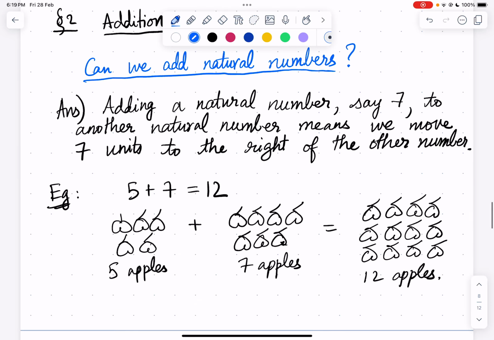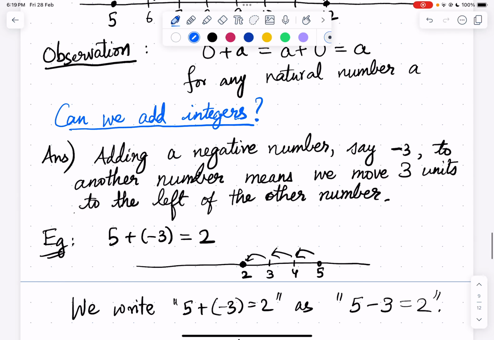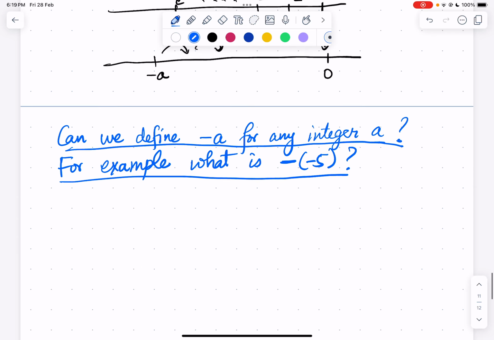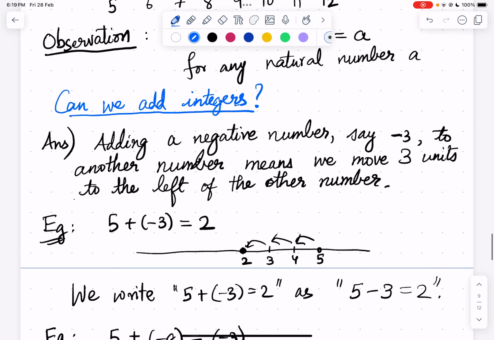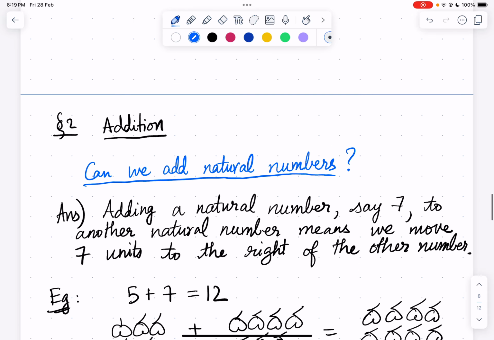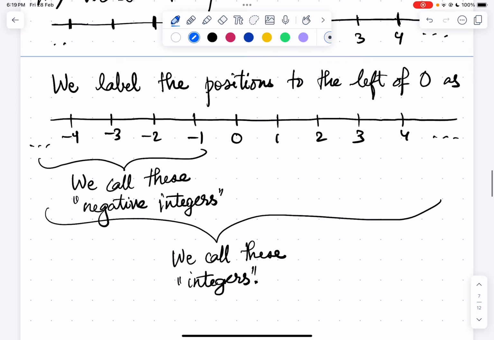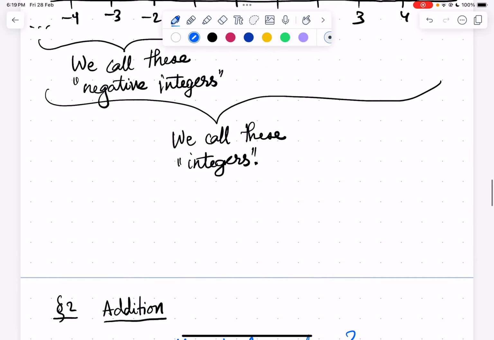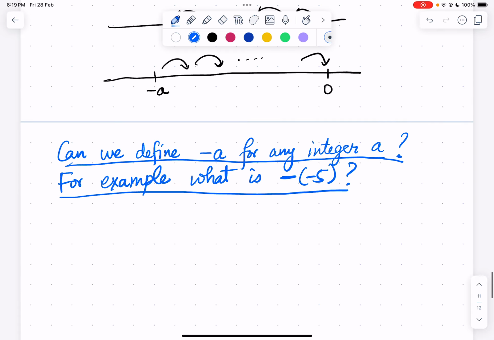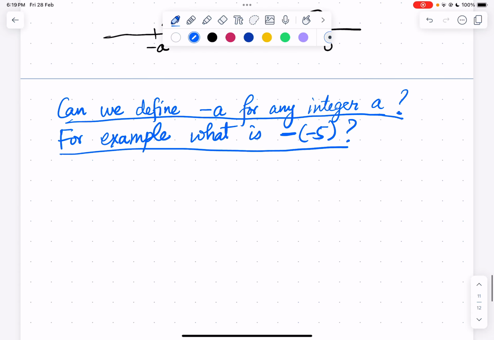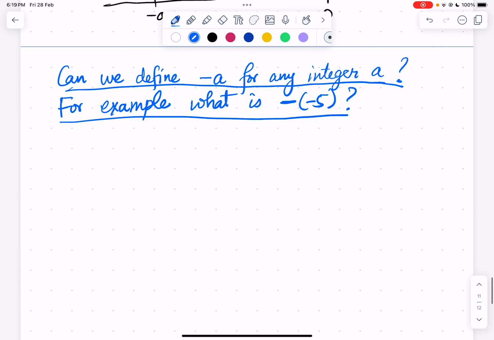Okay, we started with can we add natural numbers, then we moved on to can we add integers. Now we are asking, we know that minus of a natural number is already defined. Minus of 1 is this number, minus of 2 is this number, the one to the left, and so on. But can we define minus a for any integer a? For example, what is minus of minus 5?